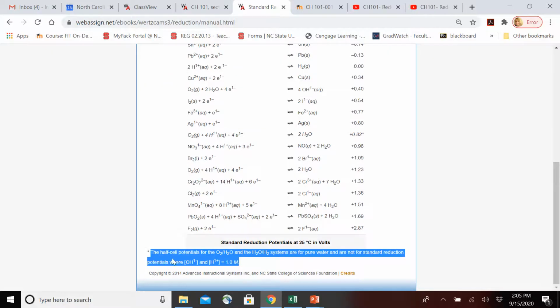The star indicates that that half-cell potential is for water at pH 7, not at standard state where hydroxide is 1 molar, which is pH 13, a much more basic pH.